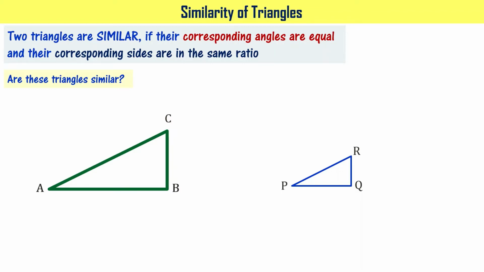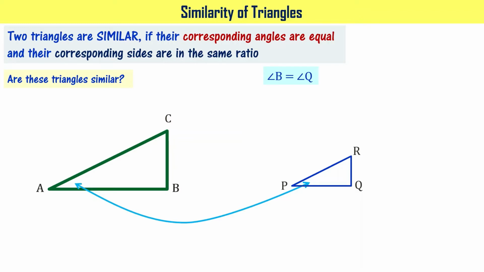Let's see whether corresponding angles are equal or not. In the given pair of triangles, you see that angle B and angle Q are the corresponding angles because those two are right angles here. As you see here, angle Q equal to angle B, right? Pictorially, we could see that. Here, angle A and angle P is another pair of corresponding angles, right?